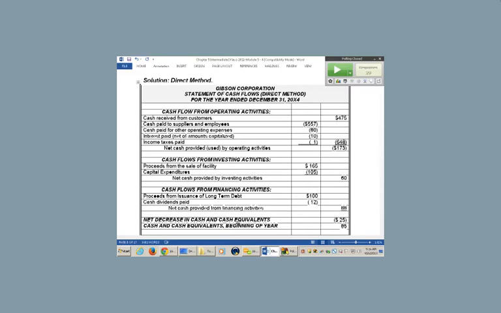If it's a non-cash financing and investing activity, it does not go on the statement of cash flows. It's got to be disclosed separately. And this is where we move a little bit from intro. I mean, you don't worry about disclosures in intro.